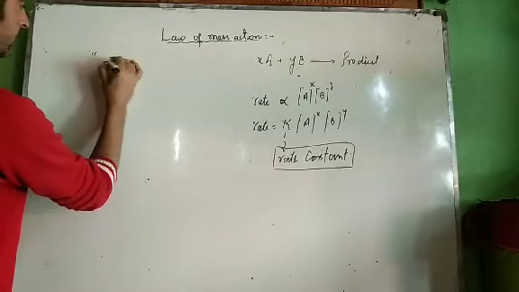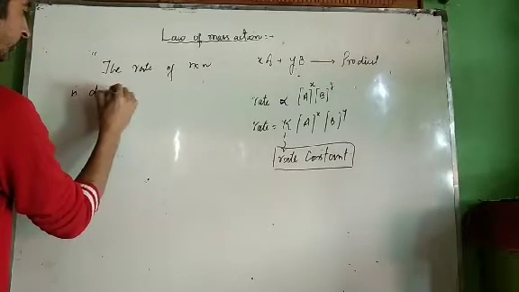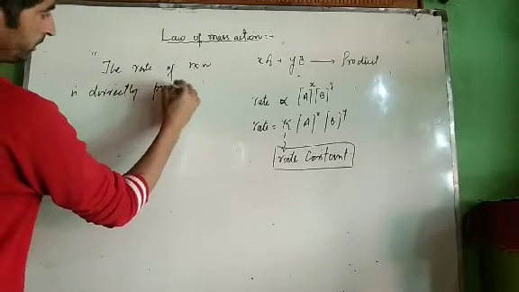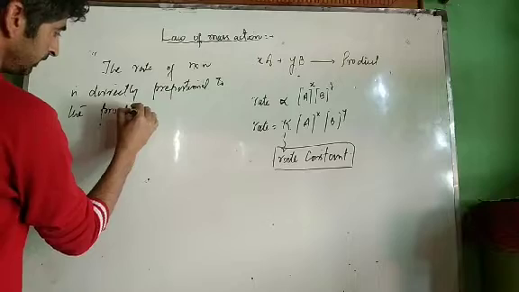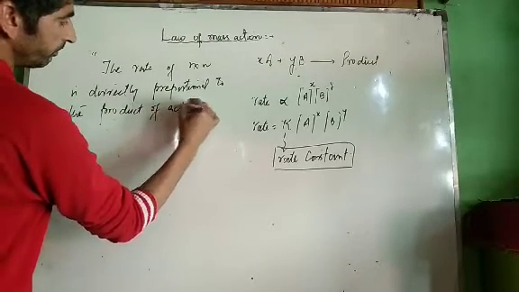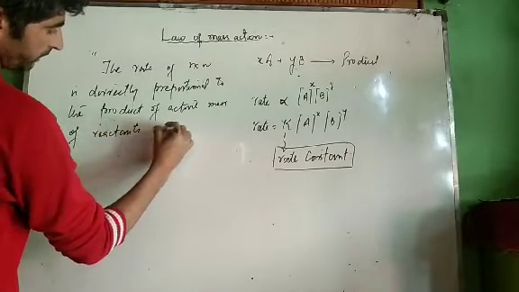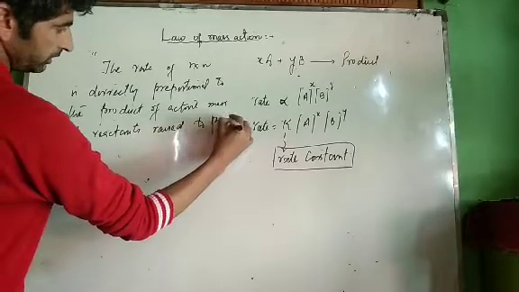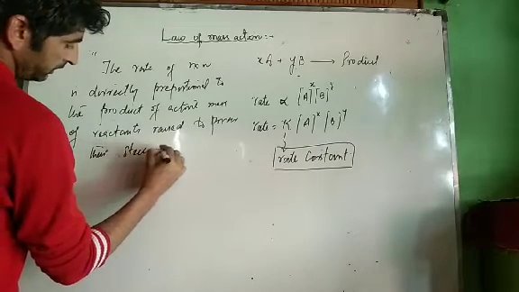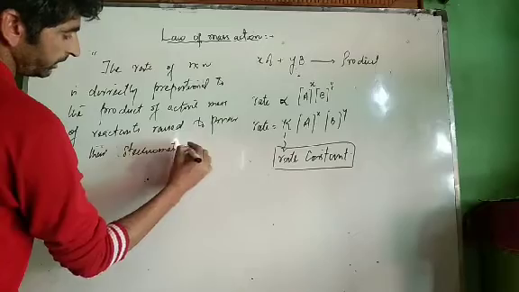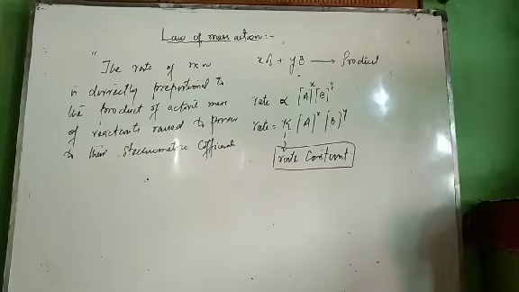It states that the rate of reaction is directly proportional to the product of active mass of reactants raised to the power of their stoichiometric coefficients.